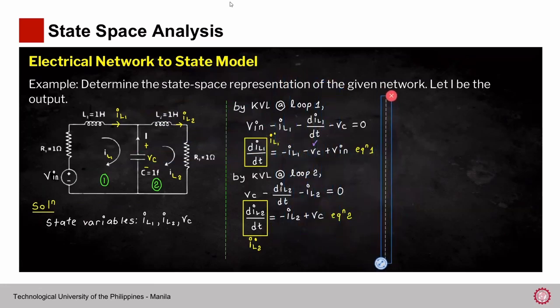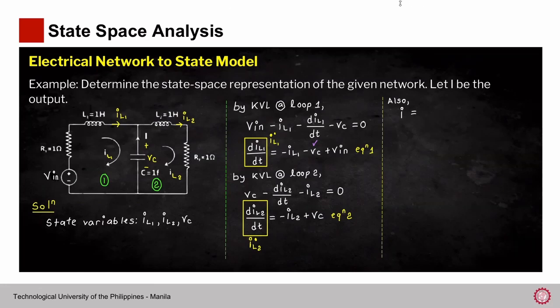Yan. So somehow this part gets a little bit confusing for some. Okay, again, what can we do to get the derivative of the state variable? Alam natin na for a capacitor, we also know guys that the current in the capacitor is nothing but the derivative of the capacitor voltage times the capacitance.